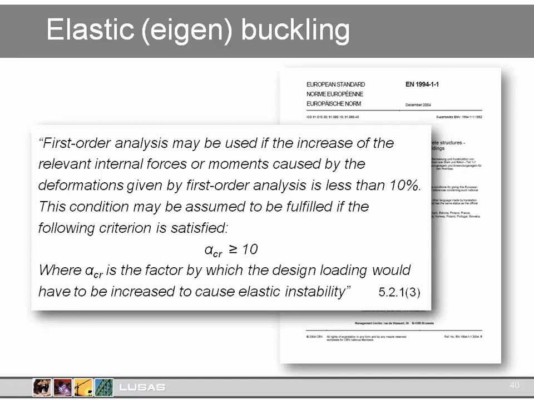But the clause goes on to tell us that second order effects can be assumed to be less than 10% if the elastic critical buckling factor is greater than 10. The elastic critical buckling factor is the same as the eigenvalue buckling factor. An eigenvalue analysis therefore tells us whether it is necessary to perform a nonlinear analysis.